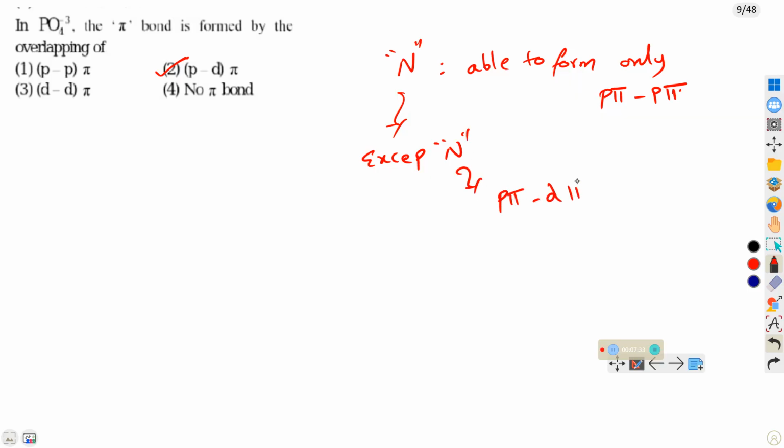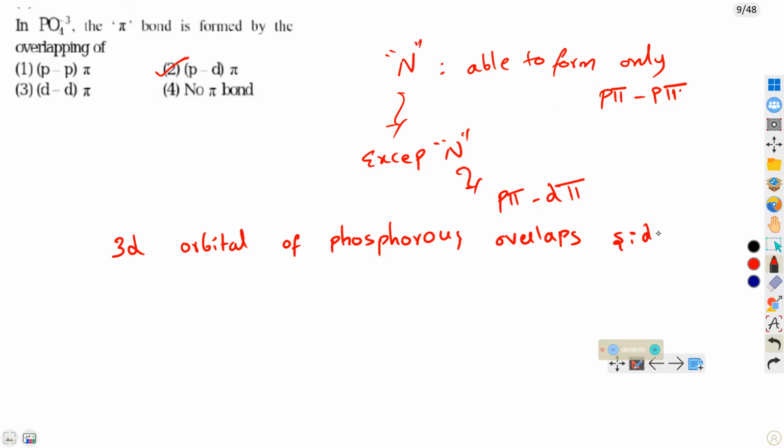How? The 3d orbital of phosphorus overlaps sidewise with a filled 2p orbital of oxygen.